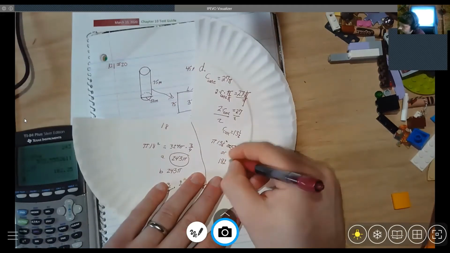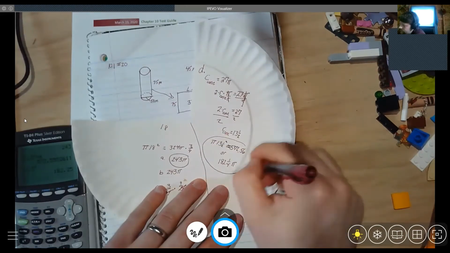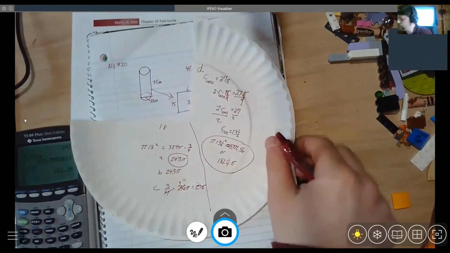So 182.25 pi. So that's the answer we're looking for there for part D. Okie dokie. So that's 10.2.